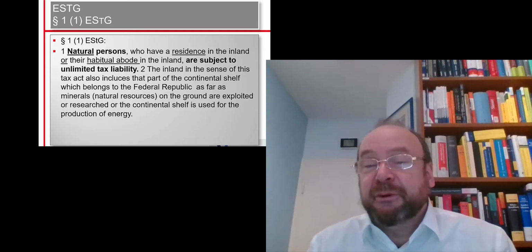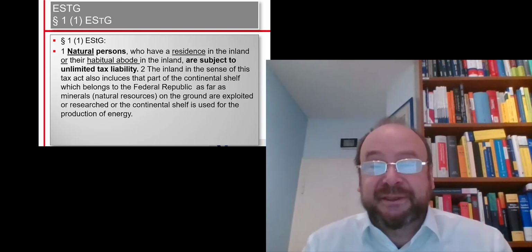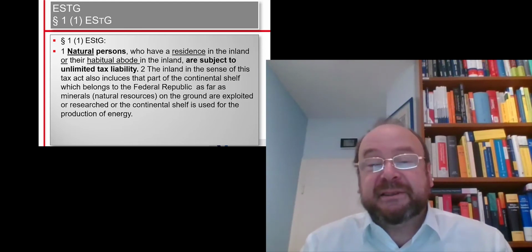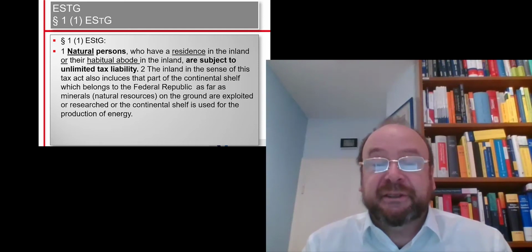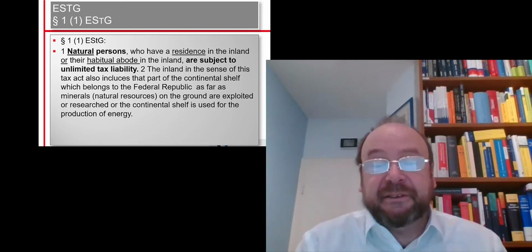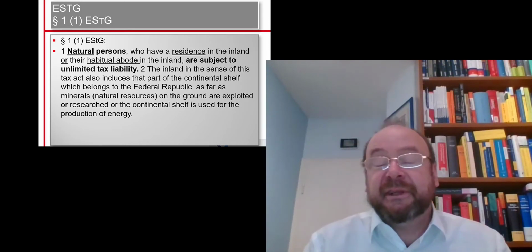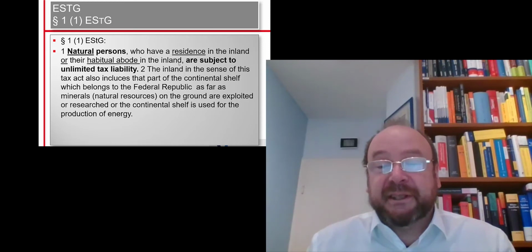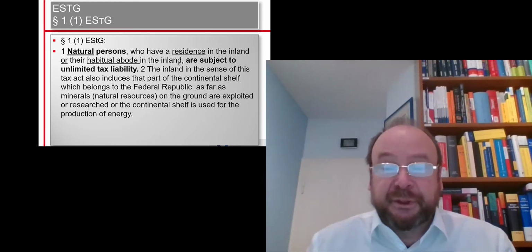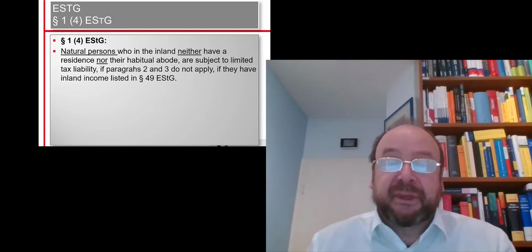If you don't want your rich people to live in hotels, burn down their houses, and sleep under bridges just to avoid taxation, then you should add the additional criterion of the habitual abode. It is sufficient that you live in the inland, even if you do it outside an own residence. Good. That is then unlimited tax liability.